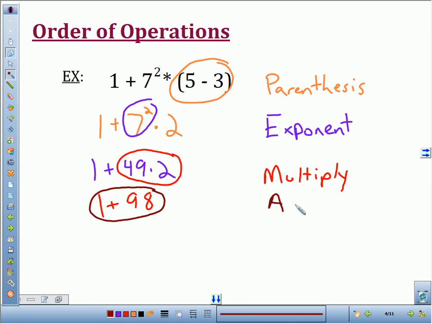We don't have any subtraction because there is no subtraction in this problem, so once we've added this together, we'll be done. 1 plus 98 is 99. And that is our answer. We're down to a single number. That is how we use the order of operations to evaluate a numerical expression.